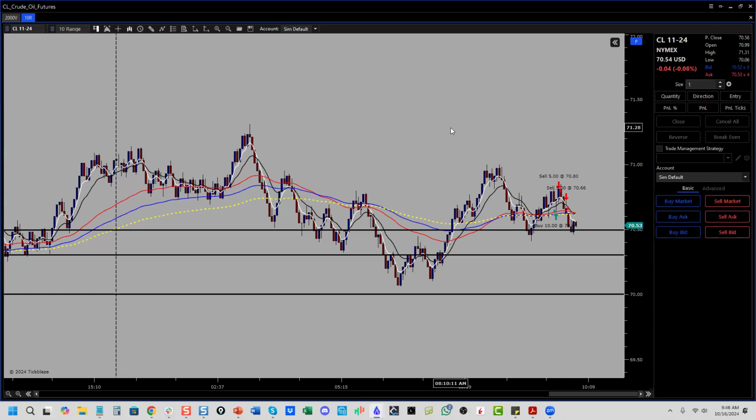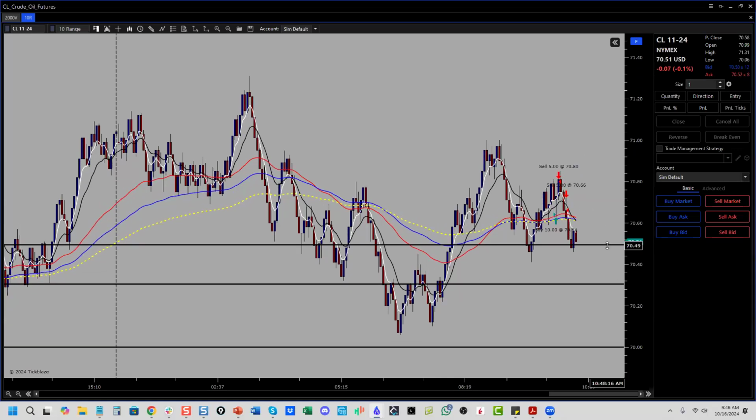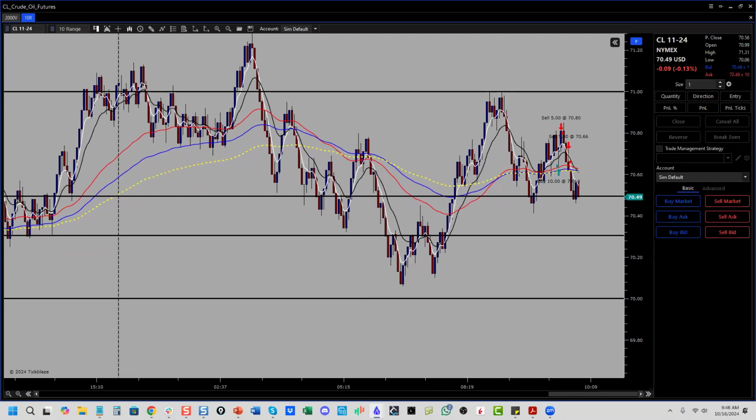So if I looked at this level here for a second, I'll just put 70 here. 71 was the resistance. If the market's coming down to this level, strong support, strong support, strong support.